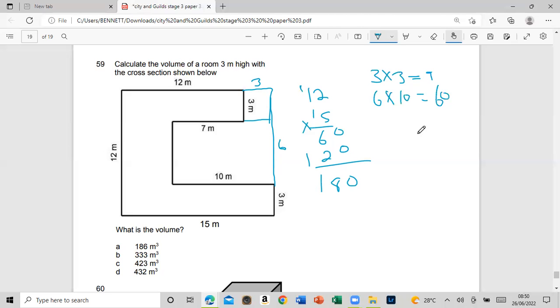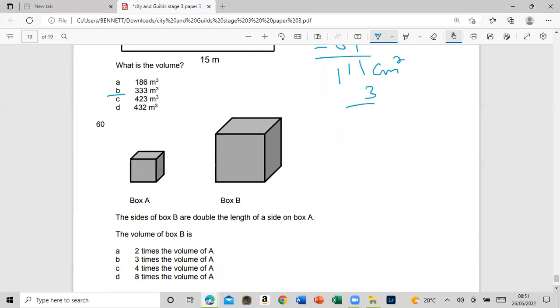That adds to the 60, so that is 69, and 9 plus 6 plus 1 gives 111, right? Now all we have to do is multiply this by the height. So the area for this is 111, and then times it by the 3, because it's 3 meters high, and that's 333.